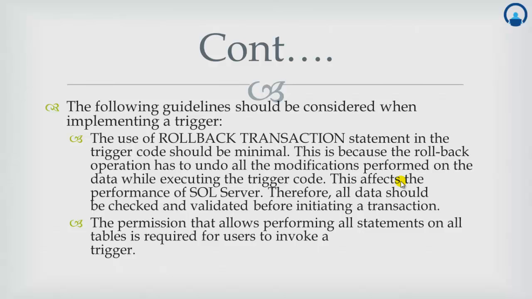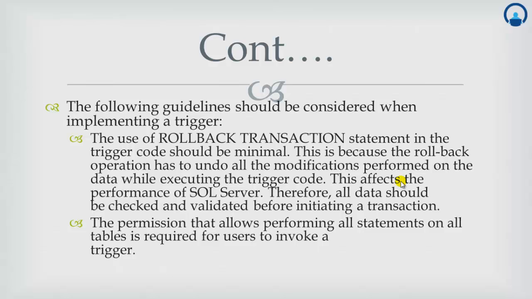An implicit transaction starts a new transaction after the current transaction is committed or rolled back. An explicit transaction needs the start and end of the transaction to be defined.